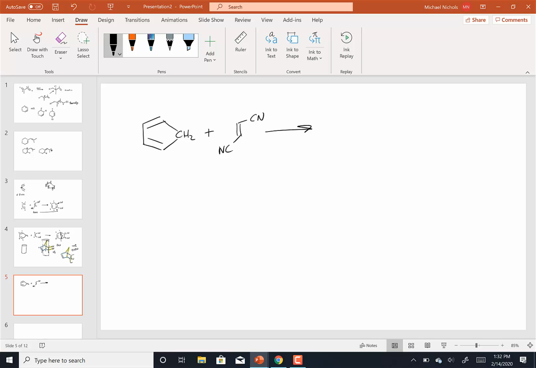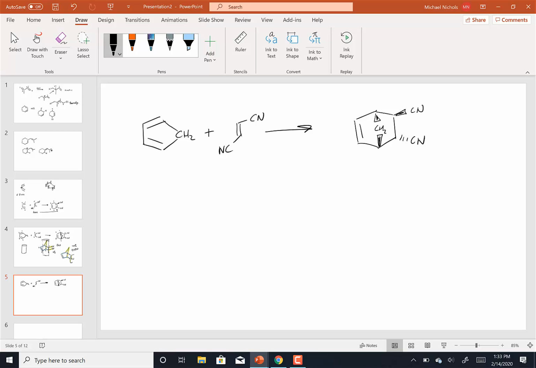So if I'm going to react a trans alkene with a cyclic diene, I'm going to end up with a bold CH2 in this case, the bold bridge, meaning the bridge is pointing above the plane, and then one CN group would be bold and one would be dashed, and it doesn't matter which is which. That does not have a name.